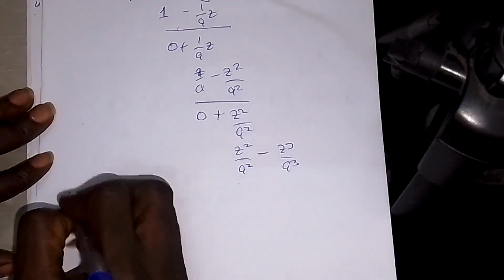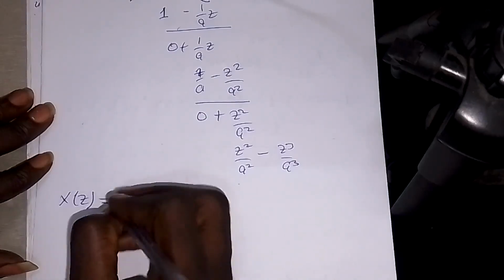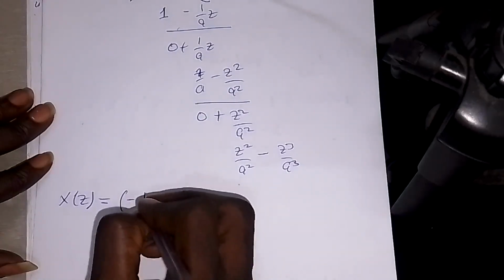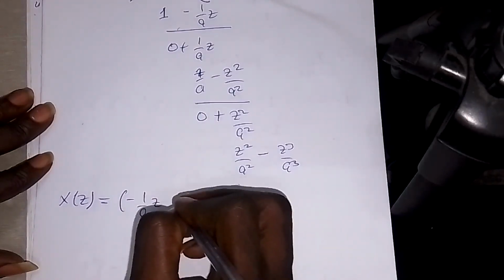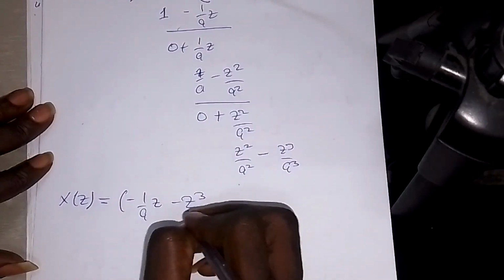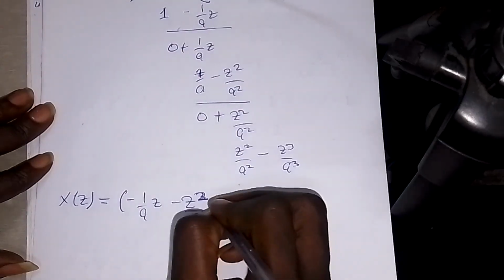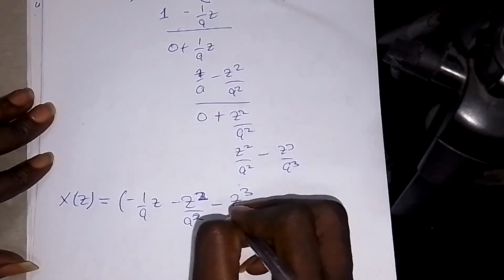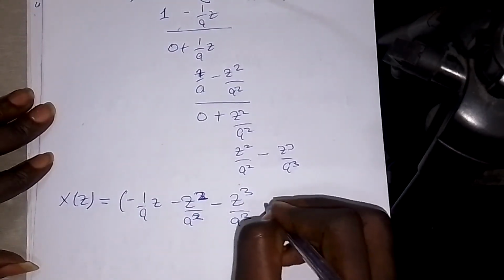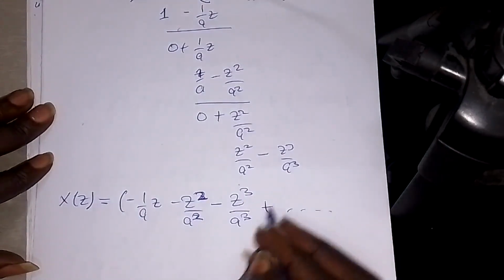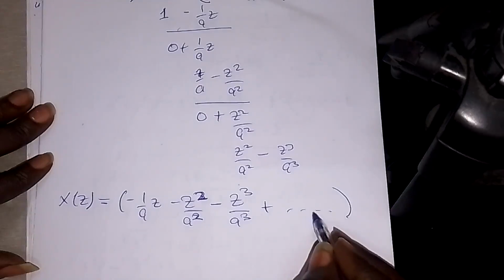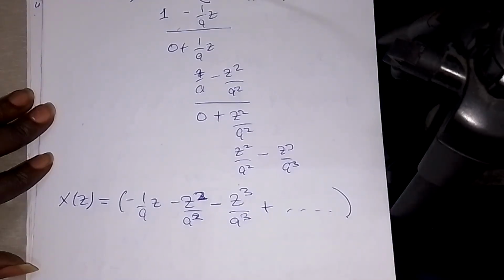Okay, so now, what is my x of z in this particular sequence? So I can say that x of z is equal to minus 1 over az, minus z squared over a squared, minus z cube over a cube. Let's say plus, it could have been minus, or you can put plus there because I'm not calculating it. I'm just saying that it's up to infinity.